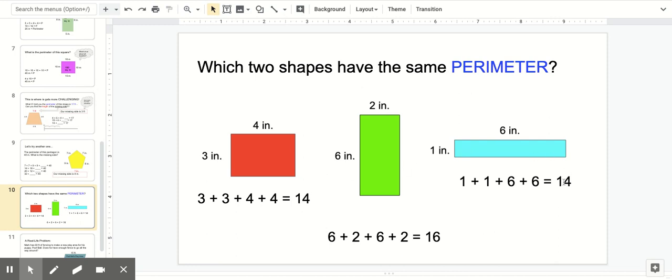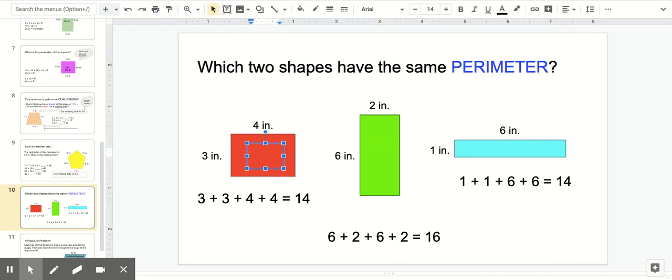And what's really important is to make sure you're not thinking about area when you answer this type of question, because look what happens if you do. The area of this one, of a 3 by 4, is 3 times 4, which equals 12. So the area of this one would be 12.